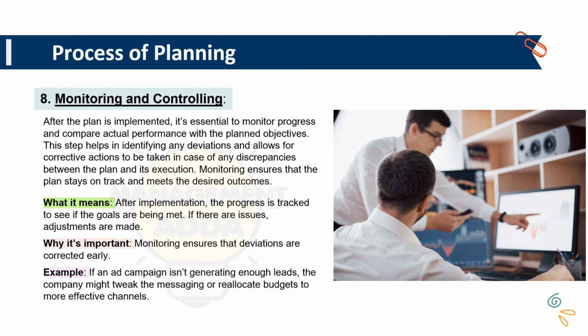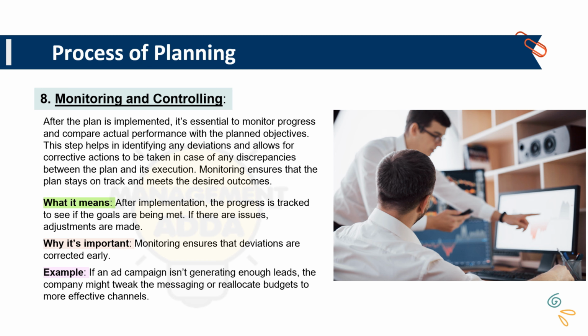Because after the plan is implemented, it is essential to monitor progress and compare actual performance with the planned objective. This step helps in identifying any deviations and allows for corrective actions to be taken in case of any disturbance or error.